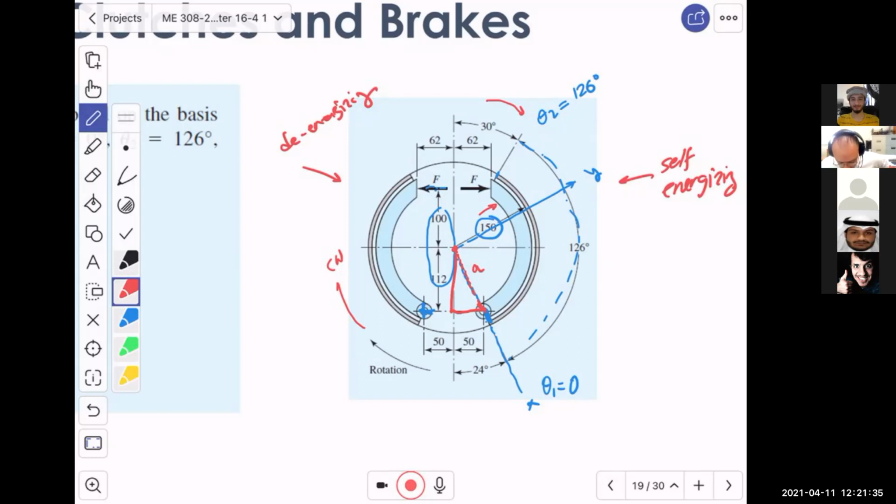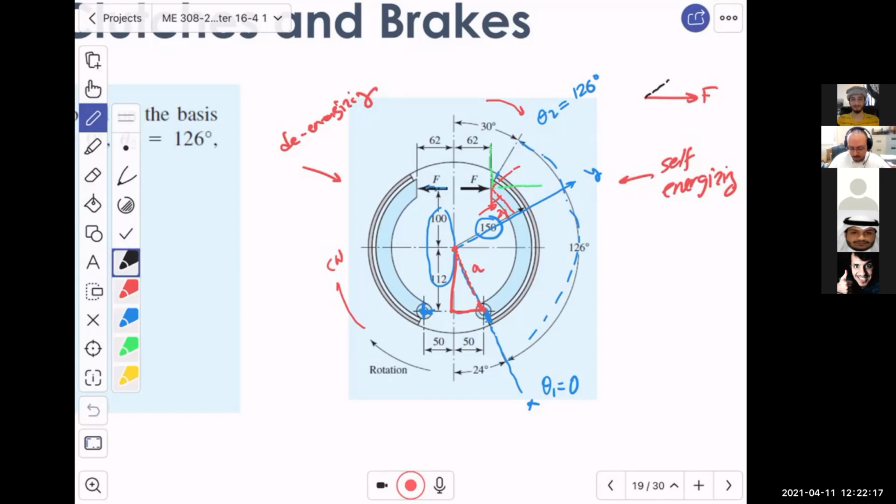Do you understand that? Now, what you should also know is that based on the fact that this force is here, the new coordinate system with respect to that force is inclined by 24 degrees. So when you take the force F, you should resolve it into a coordinate system which is inclined by 24 degrees.